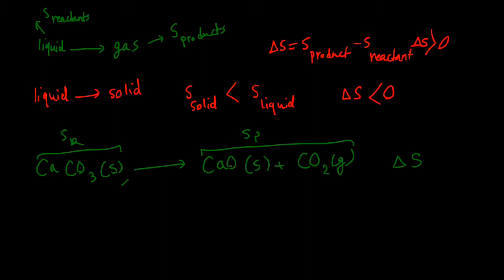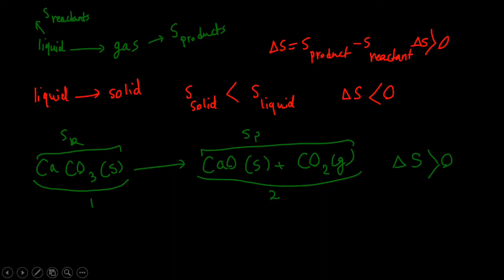Here I have only one particle. Here I have 2 particles. So the number of particles increases in the products, and also here we have a gas, carbon dioxide, and a solid, but in the reactant part, I only have a solid substance. So definitely delta S of this system has increased.